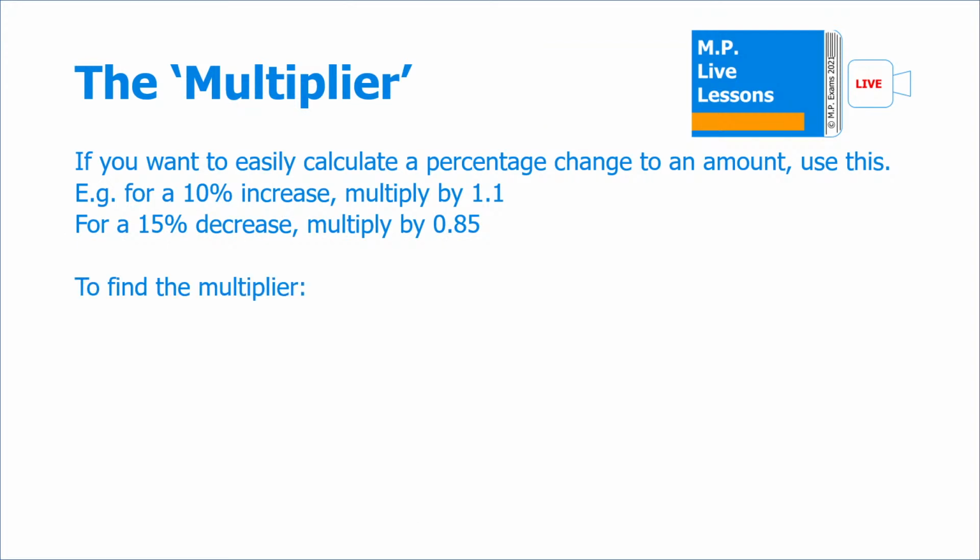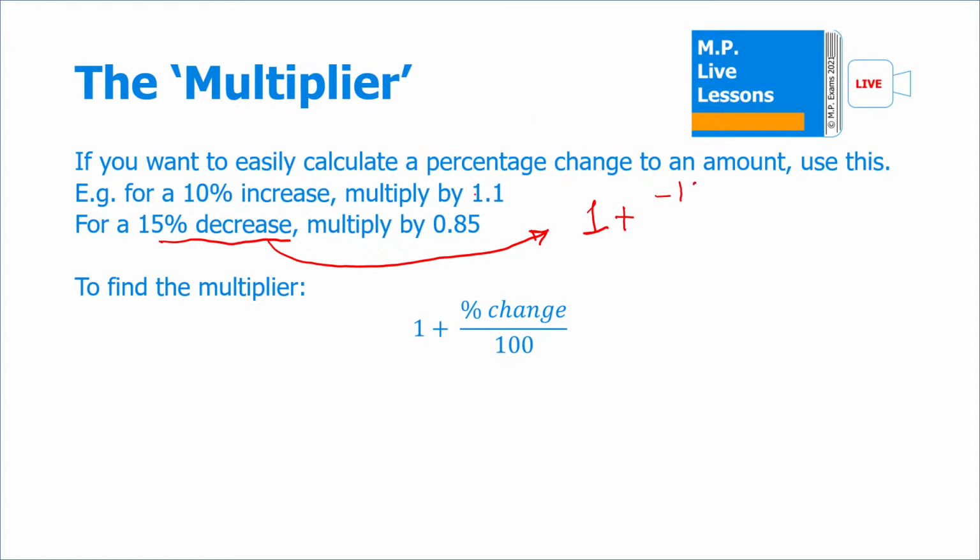Now, to find the multiplier, you'd have 1 plus the percentage change divided by 100. For example, this 15% decrease would be equal to 1 plus, since it's a decrease, minus 15 over 100.